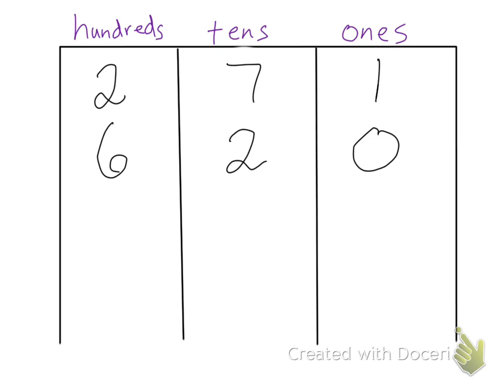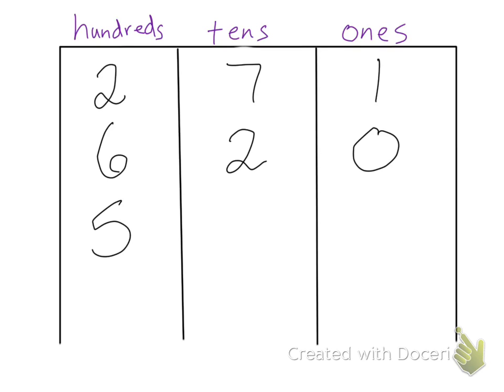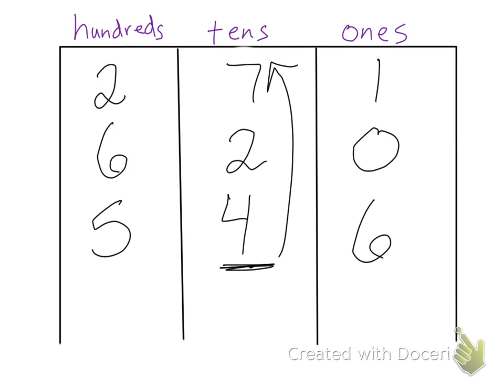Now this chart that we drew again is called a place value chart. And a place value chart tells us that the place a digit is in tells you its value. So if I have the number 546, the 4 you can look and see is in the tens place. So it's worth 4 tens or 40.